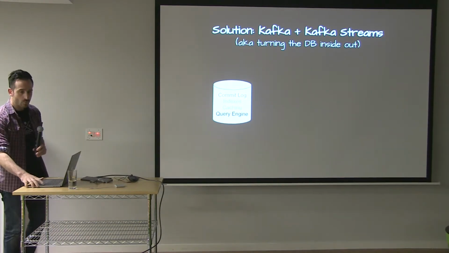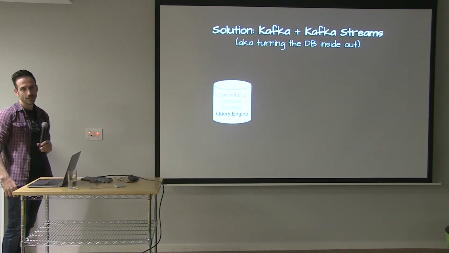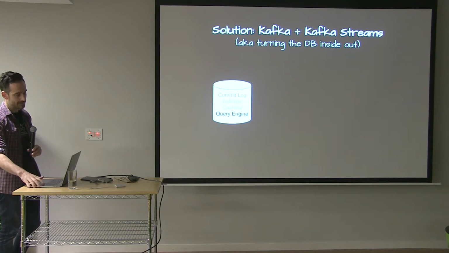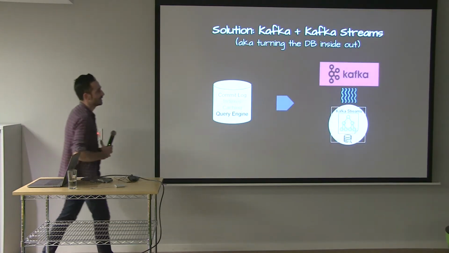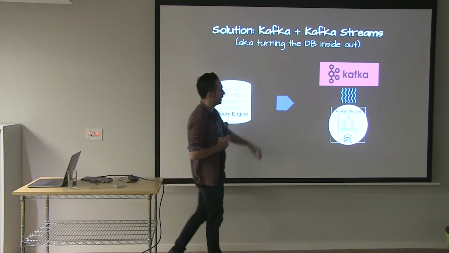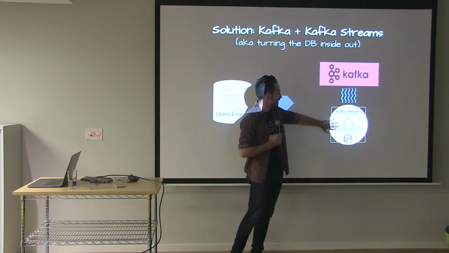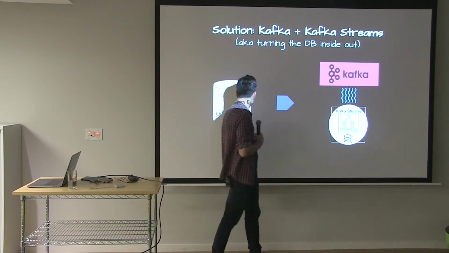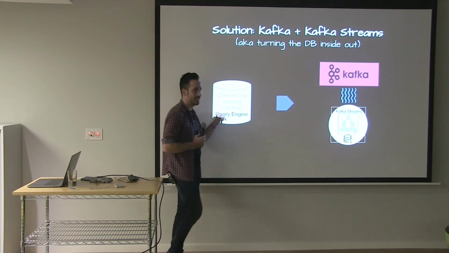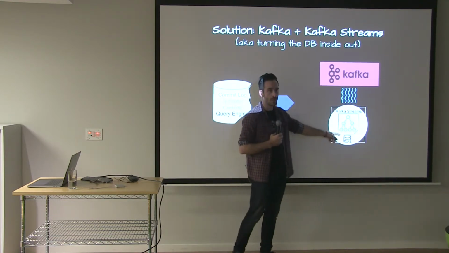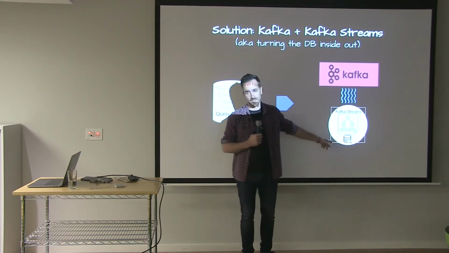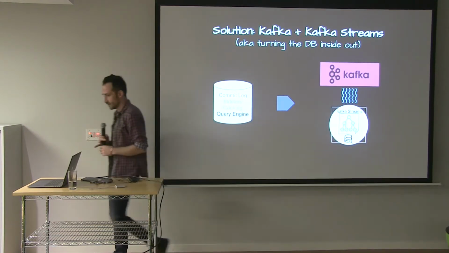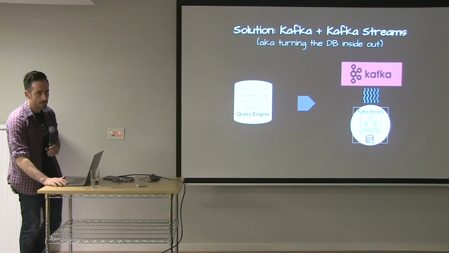Well, we have just listed these features in the features of Kafka and Kafka Streams actually, because our commit log is Kafka. Kafka Streams with the internal state store could represent our indexes and caches, and the state store is queryable. So you can query directly the state store. So let's rewrite our WebPDP now.